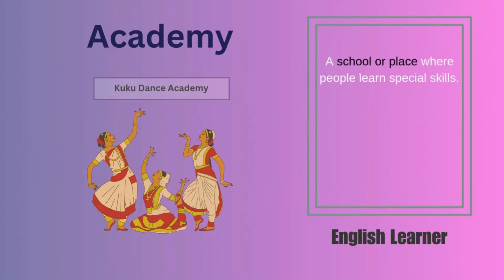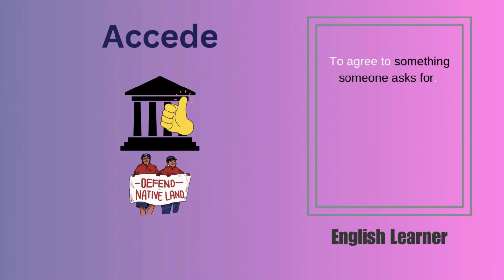A school or place where people learn special skills. Example. She joined an academy to study dance. Accede. To agree to something someone asks for. Example. The government decided to accede to the protesters' requests.